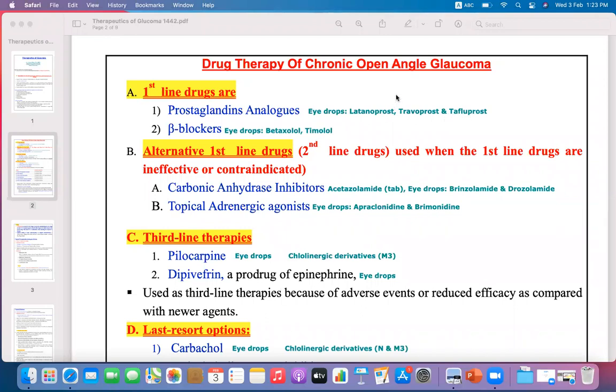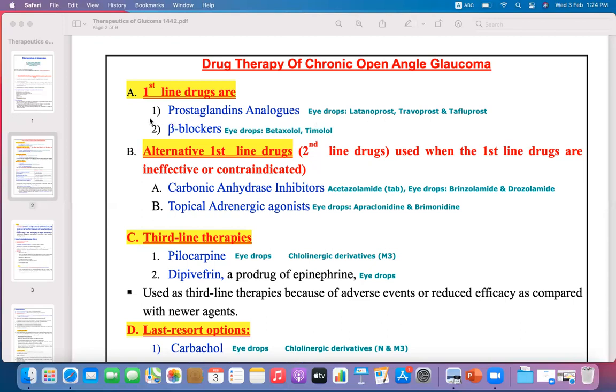The suffix prost indicates that these are prostaglandin analogs. When there is a prost, it indicates the drugs are prostaglandin analogs.